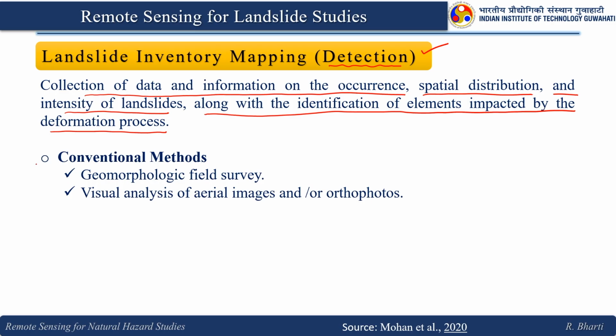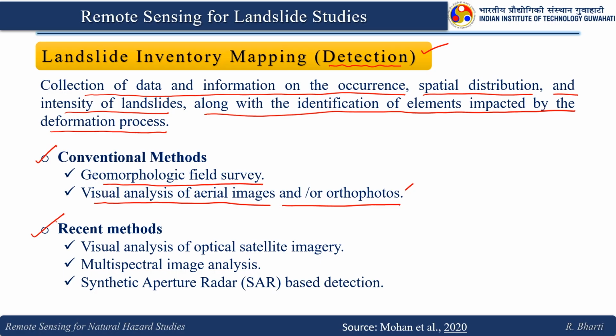So this is very useful. So the first one is the conventional method. How do we do? Geomorphological survey, then visual analysis of aerial image or orthophotos. Orthophotos are basically the satellite images where geometric correction has been done. So this is geometrically and topographically corrected data sets.